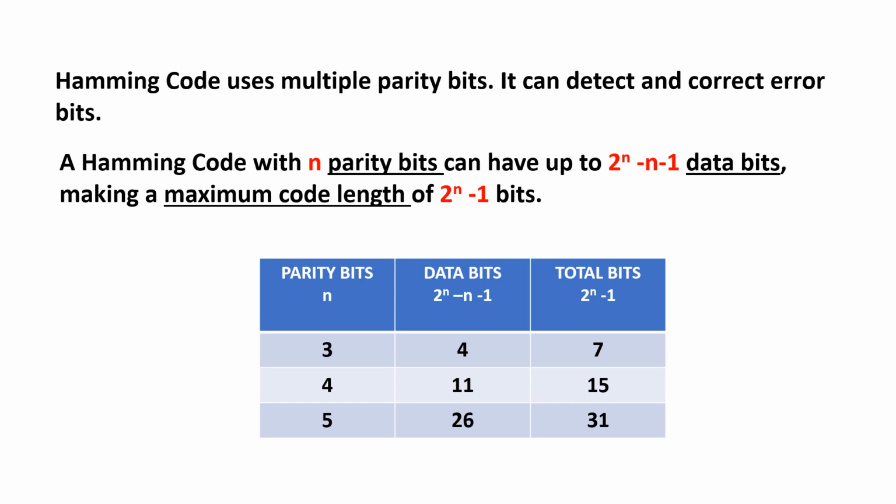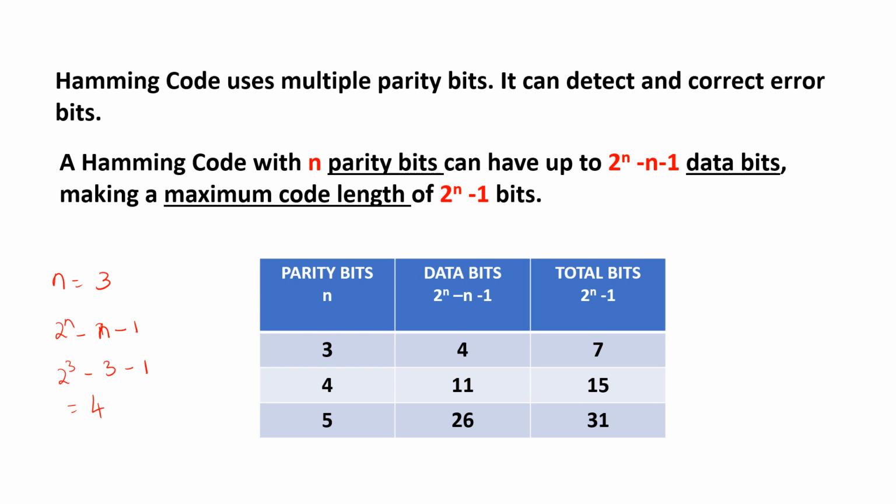For example, if the number of parity bits in the Hamming code is n equal to 3, then the data bits used will be 2 power n minus 1, that is 2 power 3 minus 3 minus 1, that is equal to 4.